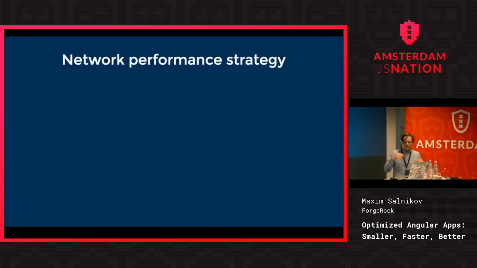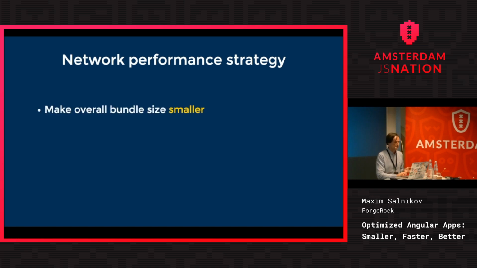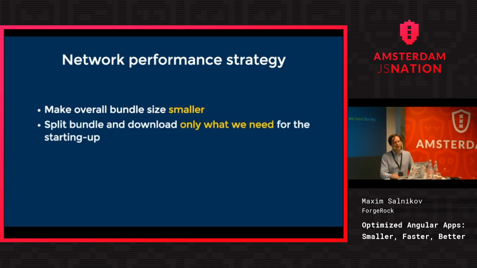Let's go into detail a bit regarding network stuff. What can we do here? Obviously, we want to make our overall bundle or bundles smaller, right? If we go a bit deeper, most likely we need to split them up somehow. Why?